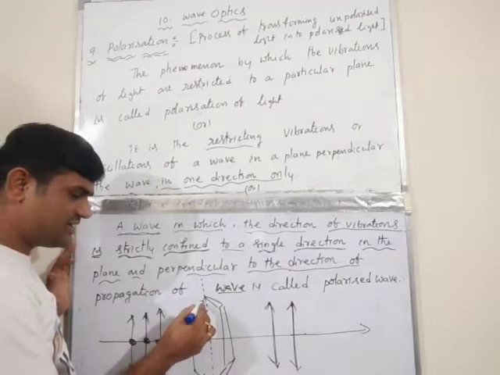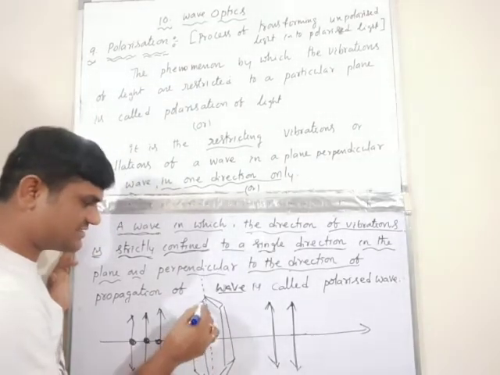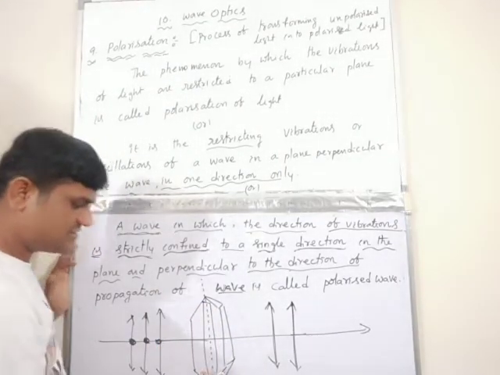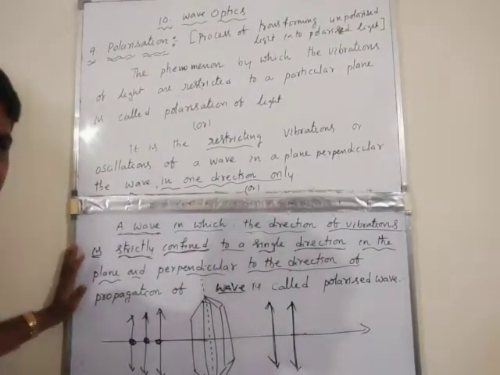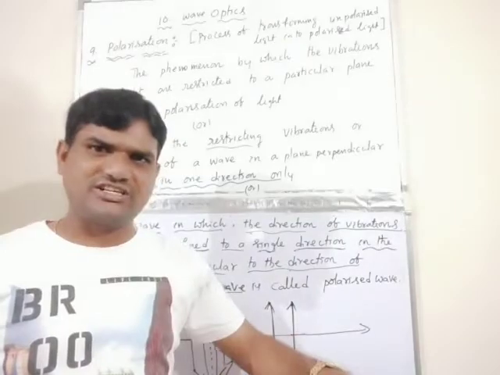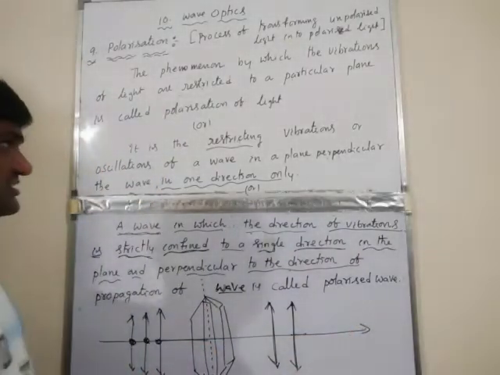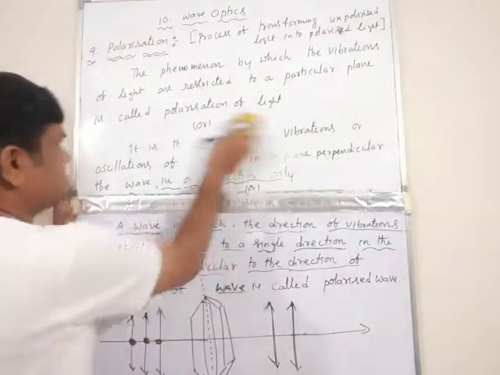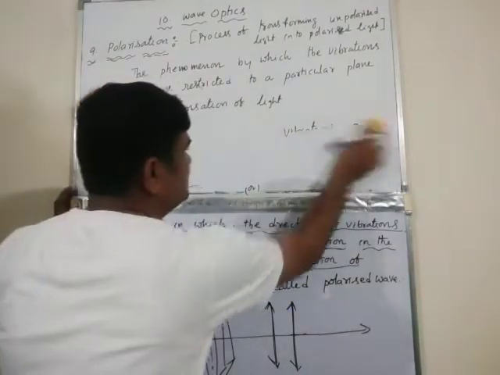Pass axis is nothing but a single slit. Single slit means an opening. This opening may be in the x direction, y direction or z direction. Any direction will be there.